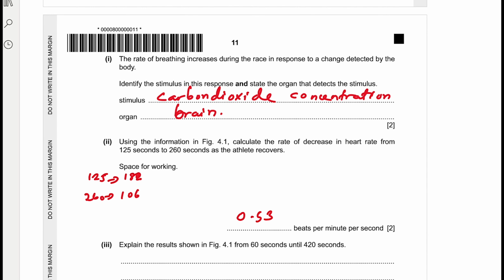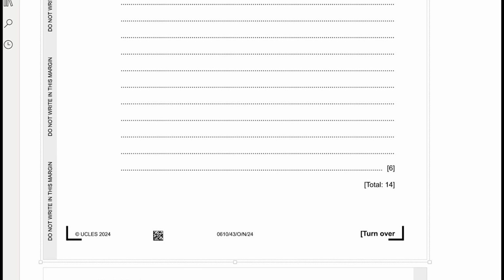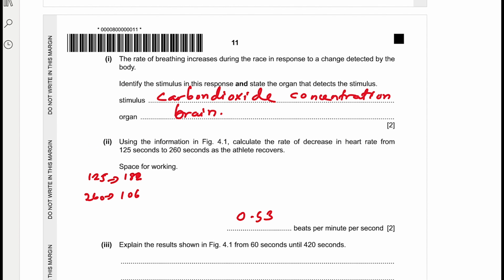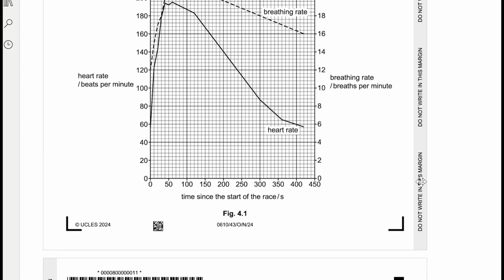Then we move further. Explain the results shown in fig 4.1 from 60 seconds until 420 seconds. So we have to explain what is shown in that diagram from 60 to 420. 60 is almost here, where the heart rate is like 186, and then 420 is when the heart has returned to its normal rate.